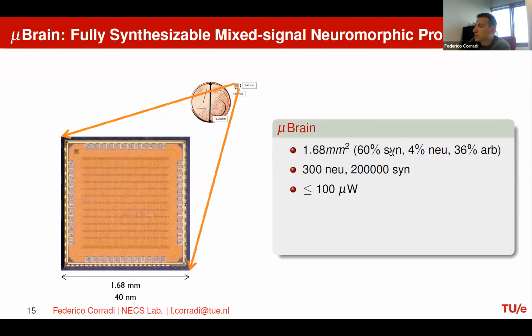It comes out that 60% of the area is actually synapses. We could have done something smarter there, probably we will do that next. 4% of the area is the neuron, and 36% of the area is the arbitration. This requires some logic. We implemented 300 neurons, so a very tiny chip, and 200,000 synapses, more or less. But the nice thing is that it consumes less than 100 microwatts of power. So now you can use this for extreme edge applications.